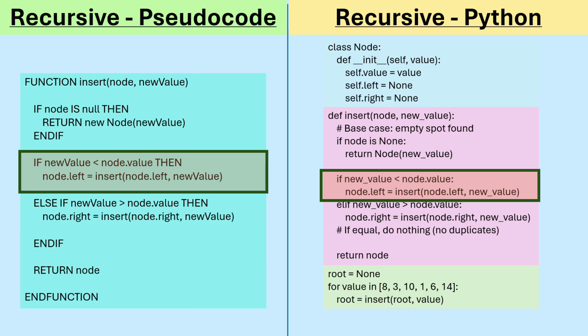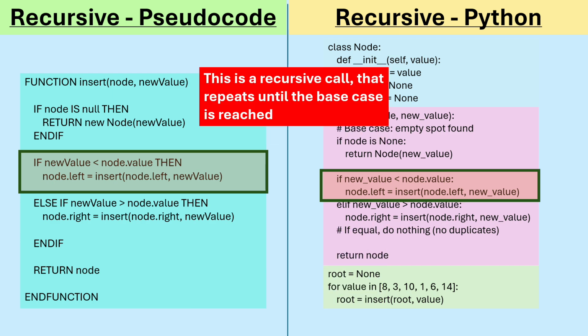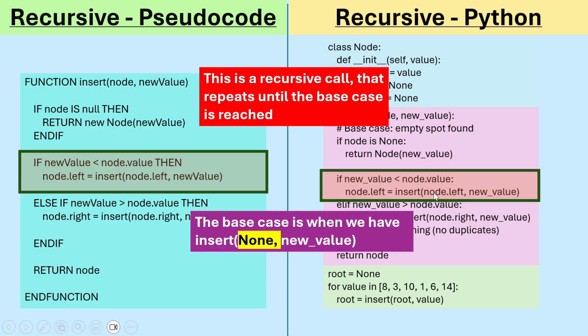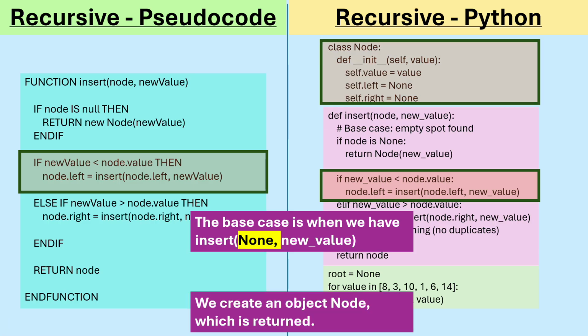And because it's a recursive algorithm, it's going to keep looking on the left until there's space available, so until we've reached the base case. The base case is when you look on the left side, it says None, then you can create a new node. That point is when we create a new node.